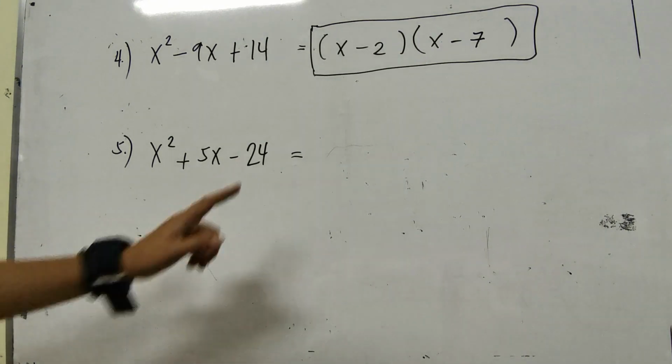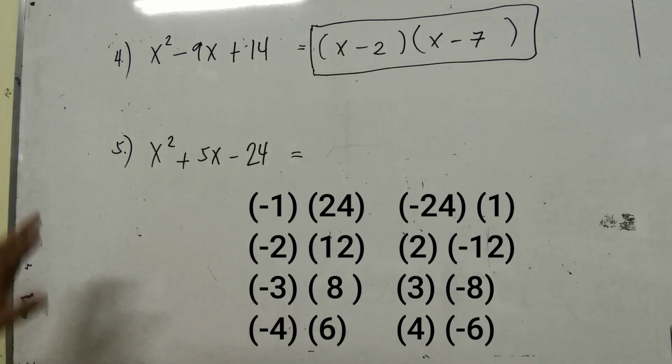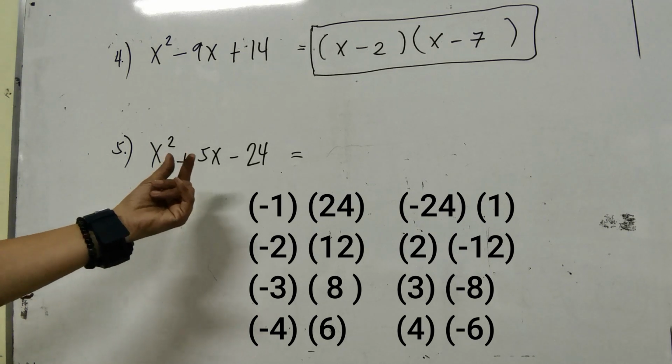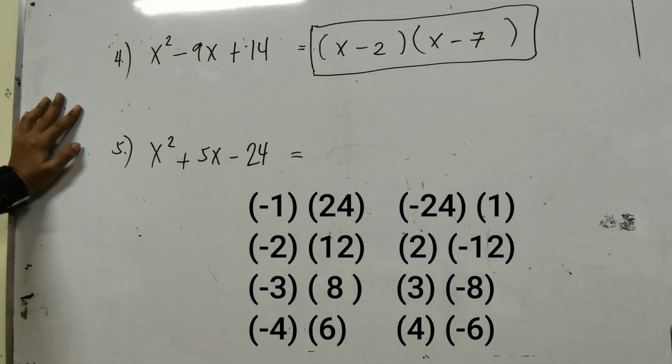So, next is number 5. If we have negative 24, ang factor syempre natin ay 1 positive and 1 negative. Pero ano-ano ba yung mga number na yon? Mamaya na natin isipin yung kanyang positive and negative. Pag alam na natin yung combination ng numbers. So, ito yung tip para mas mapabilis.